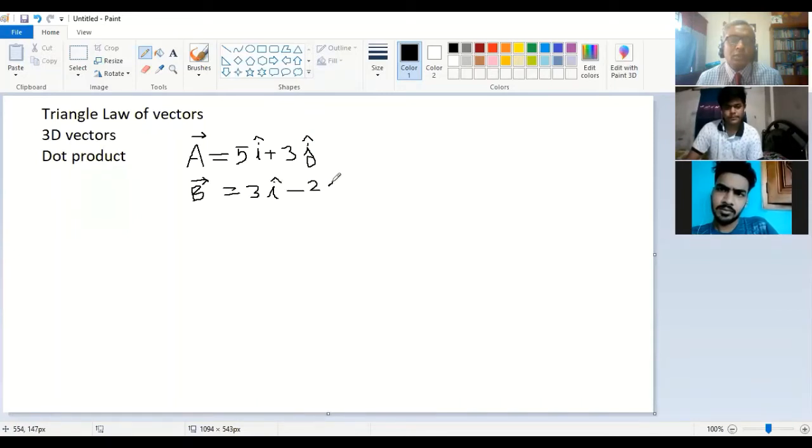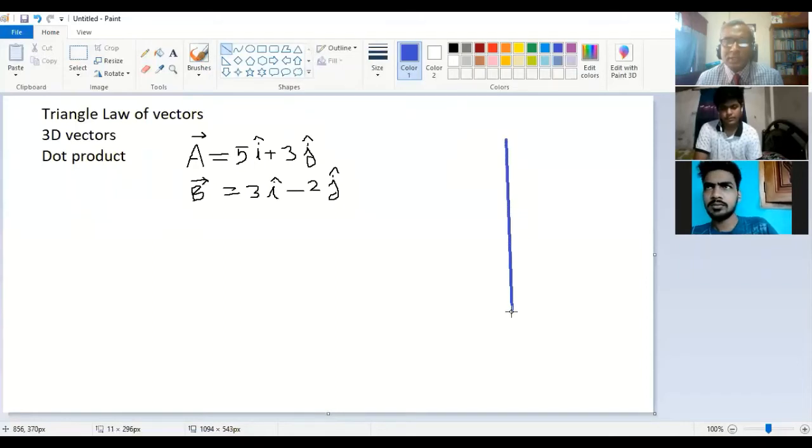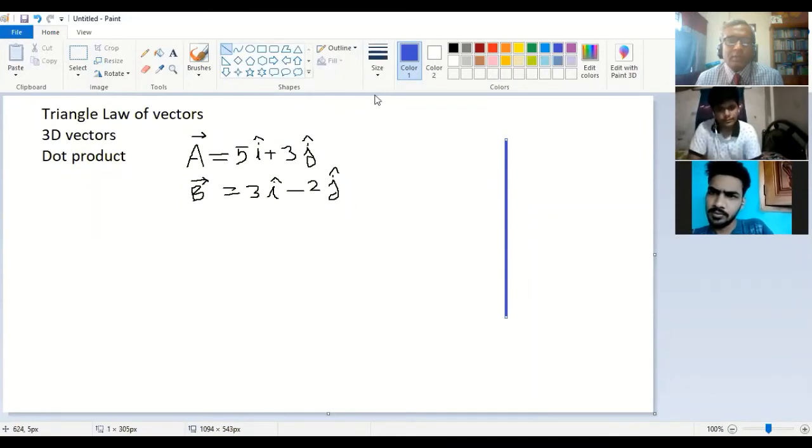So this is the vector example, and if you draw the line, that is the x-axis, y-axis, I can say x-axis, y-axis, but it is better if you say vertical axis and horizontal axis. So this is the vertical axis and this is the horizontal axis, and you can draw the A vector.